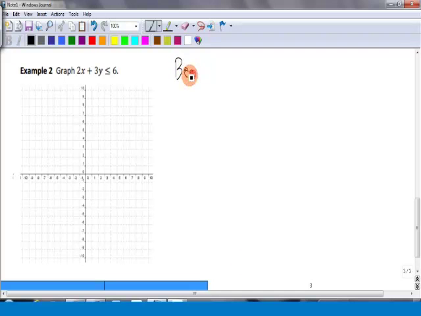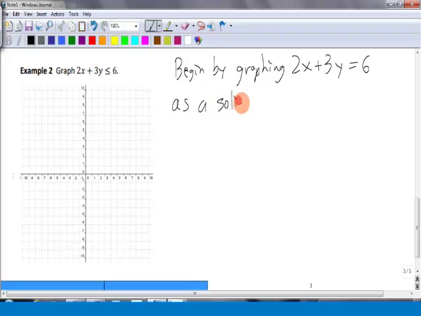So begin by graphing the equation 2x plus 3y equals 6 as a broken line or solid line. Solid line in this case because of the presence of the or equal to bar. If 2x plus 3y equals 6, it's a point on the line and it satisfies the equation because it would be less than or equal to 6.